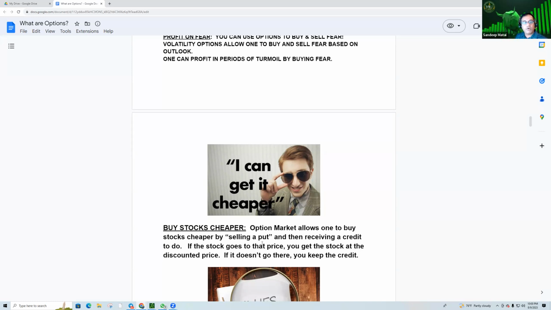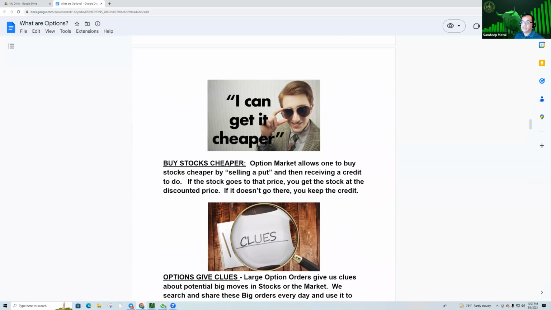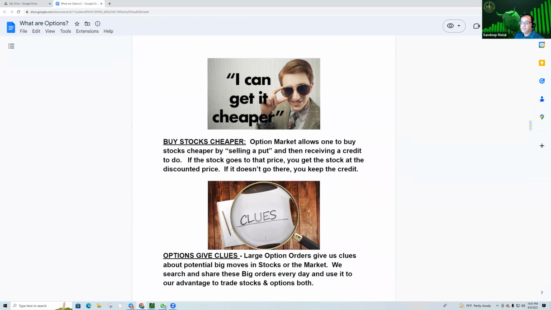And if it never goes there, I keep that credit, and it's like a win-win. So this is another way people buy stocks cheaper. They sell puts, and if it doesn't get there, you keep the credit. Some of you intermediate people would know what I'm talking about, and we will explain this more in detail later.